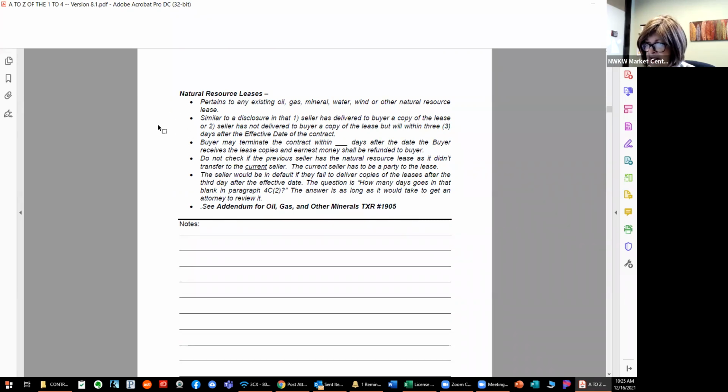Natural resource leases, that's what we were talking about earlier, about gas, mineral, water, wind, and other natural resource leases. And they came up with a document for that. Gosh, this contract started out as a very short little contract, and through the years, it's just expanded to the size that it is now, because there's so much, and people are so litigious out there. They're wanting to sue people for anything, and they've got the ability to do that.